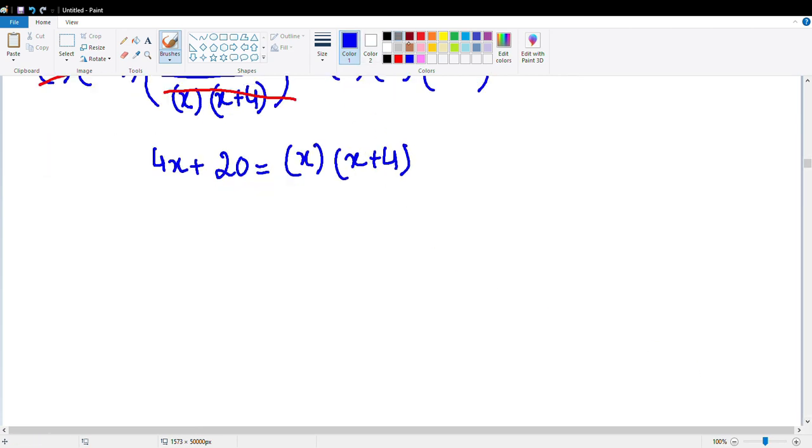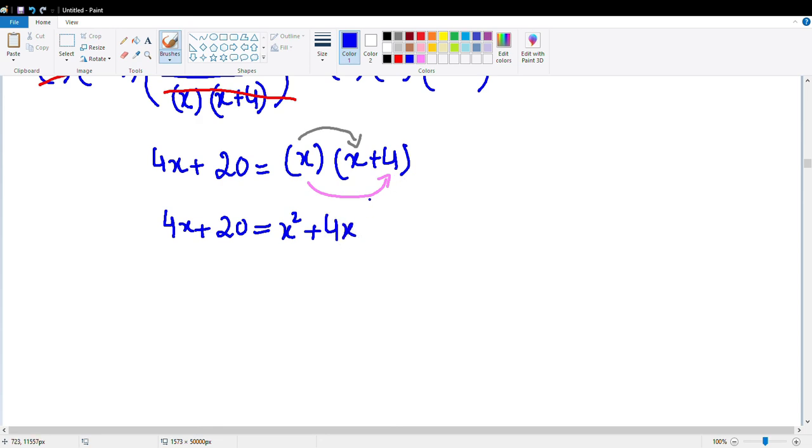Now we multiply x with x, so this is just going to come like it is, 4x plus 20 equals x squared. And then x into 4, we'll get plus 4x.